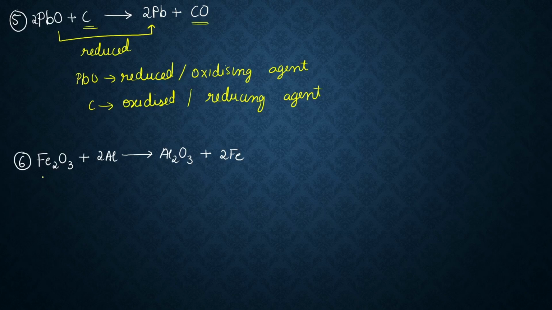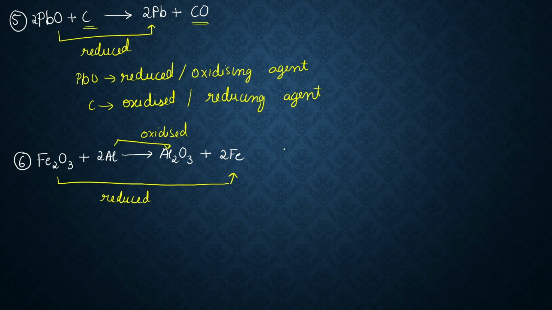Now the last example. Here you have iron oxide reacting with aluminium to give aluminium oxide and iron. If you see here, iron has lost its oxygen, so it means it is reduced. On the other hand, aluminium has gained oxygen, so it is oxidized.